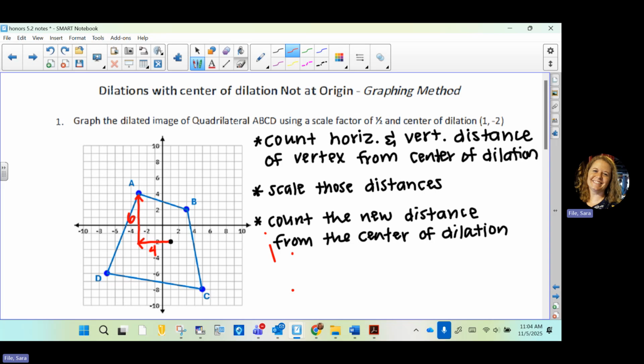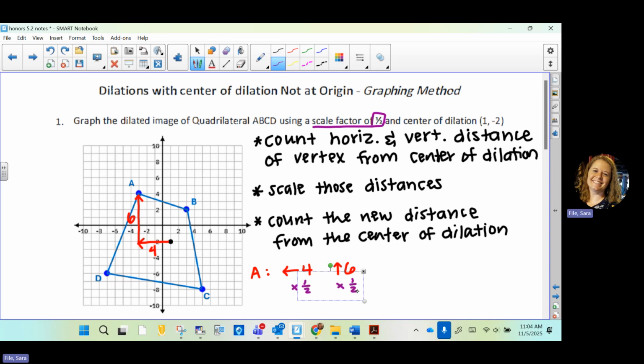Okay, so what I'm going to write down for point A is I'm going left 4, up 6. Now I'm going to scale those distances. What is my scale factor in this problem? 1/2. So I'm going to multiply those each by 1/2.